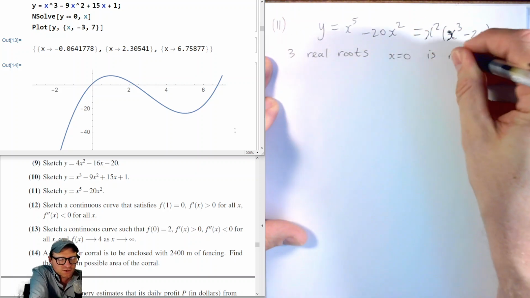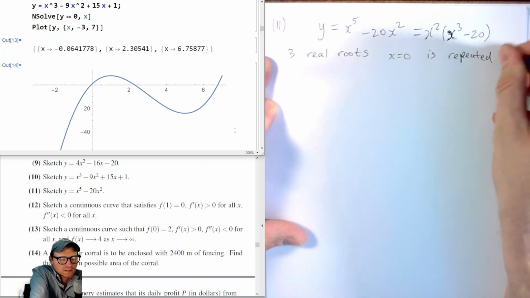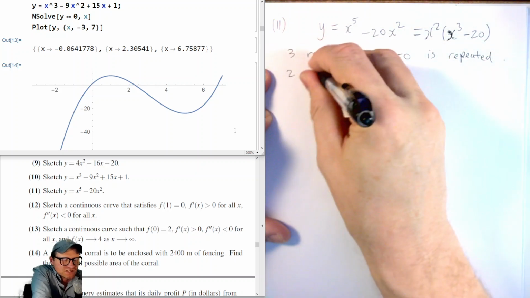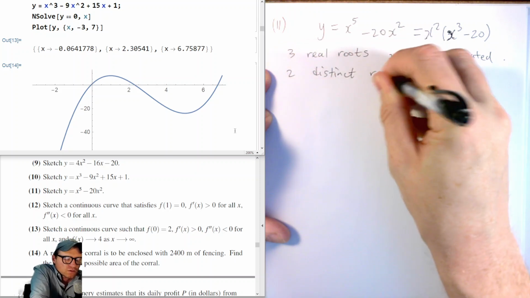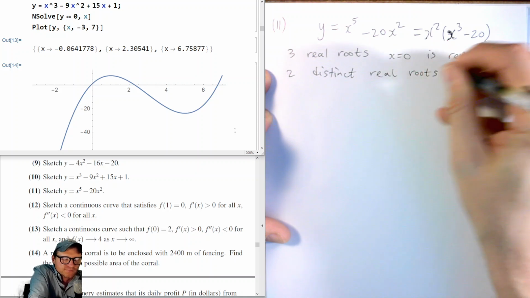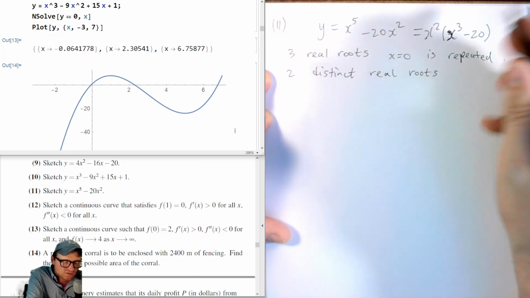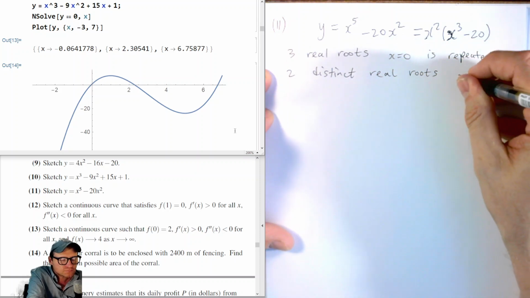So x equals 0 is a repeated root, and so we have 2 distinct real roots at x equals 0 and x equals the cube root of 20.